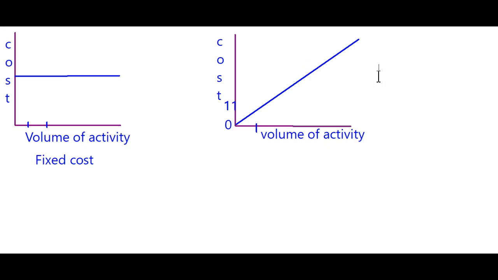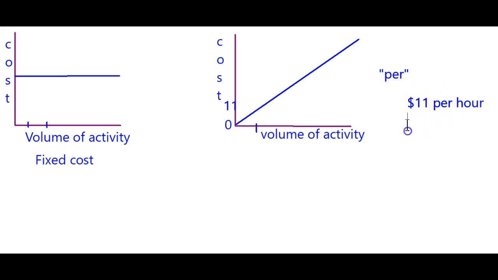I like to say the key word to identify if something is a variable cost is the word "per." Per demonstrates that something is changing in proportion to something else. Say you're getting paid $11 per hour. The keyword there is per.